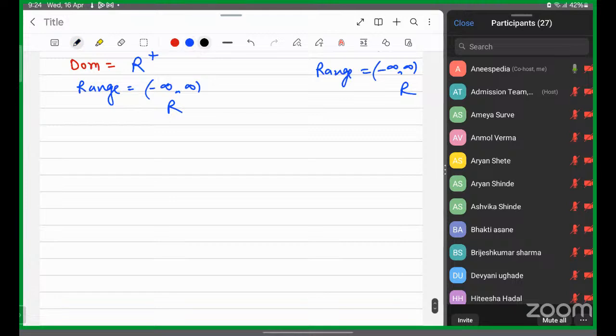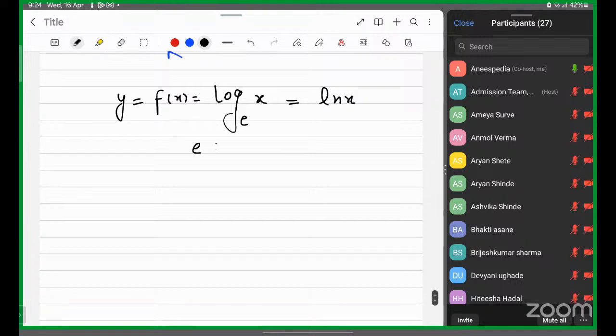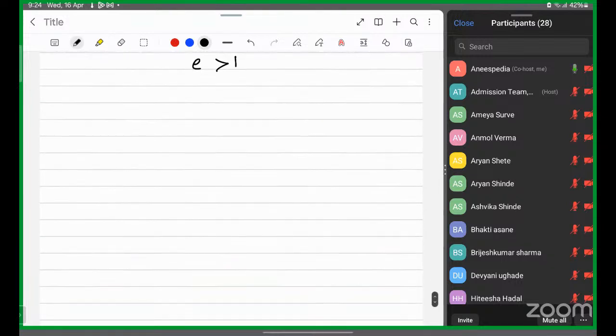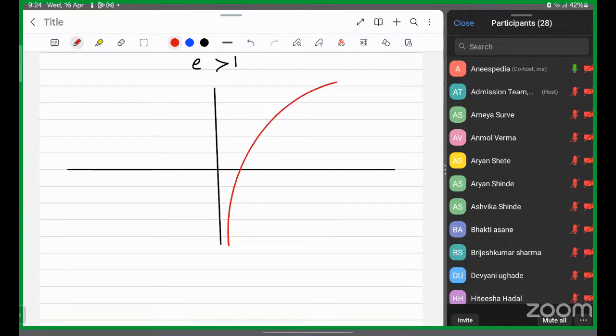If you take a special function y = f(x) = log base e of x, which is also given as ln x. Since the value of e is greater than 1, the graph for ln x will be like this. This is ln x.